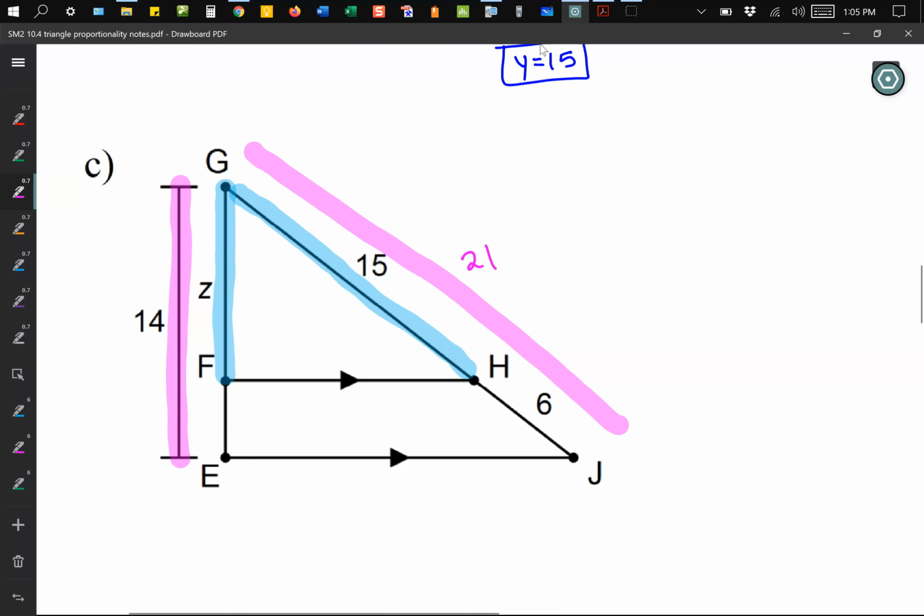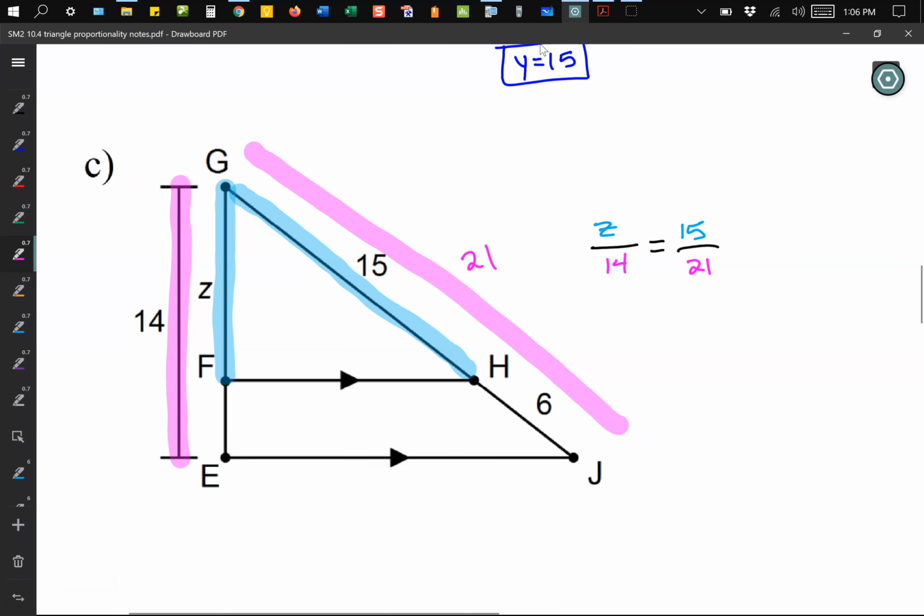So think about which pieces you have and then set up fractions accordingly. So I could make a fraction here that looks like big piece over whole side, z over 14 equals big piece 15 over whole side 21.